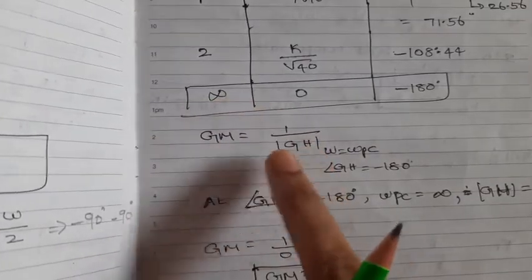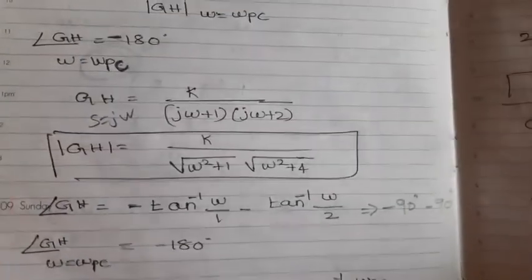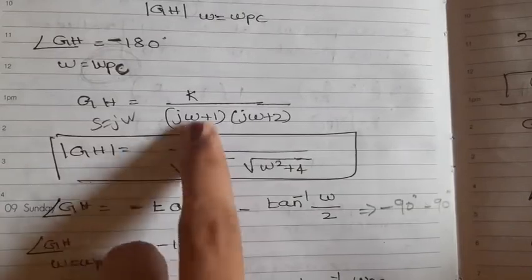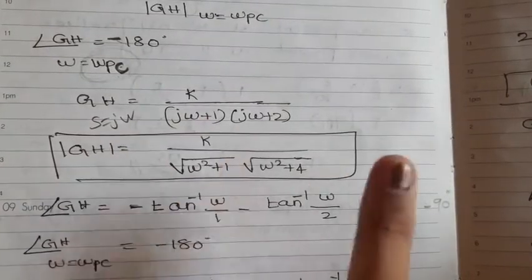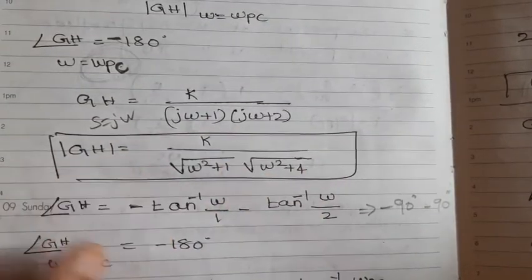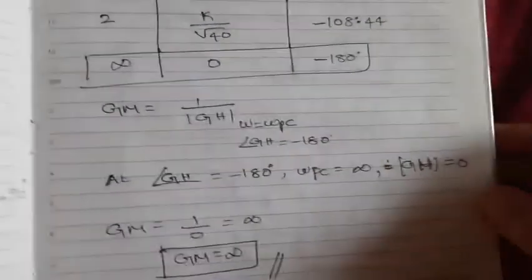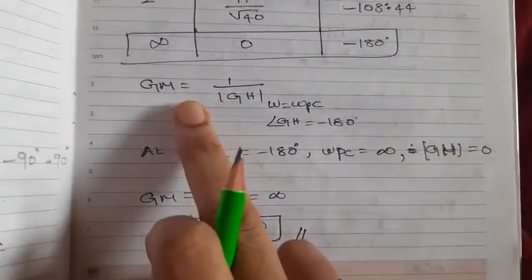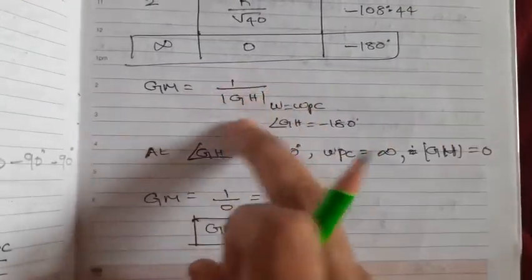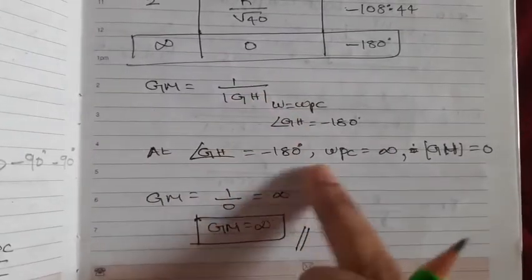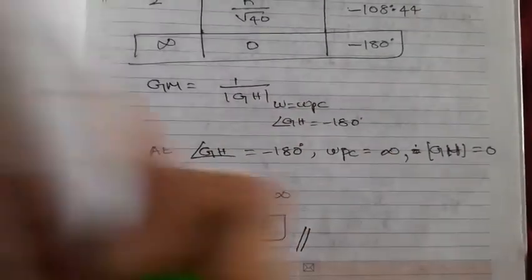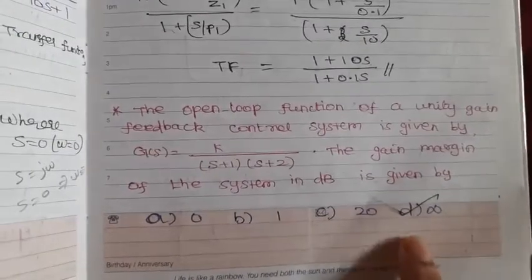Infinity. Substitute infinity in that magnitude. K divided by infinity, anything by infinity we get 0. So the modulus of GH, the magnitude value, is 0. Now substitute in the formula: 1 by 0 is infinity. So what is the gain margin? Infinity. For this problem the gain margin value is infinity. Option D is the right option.